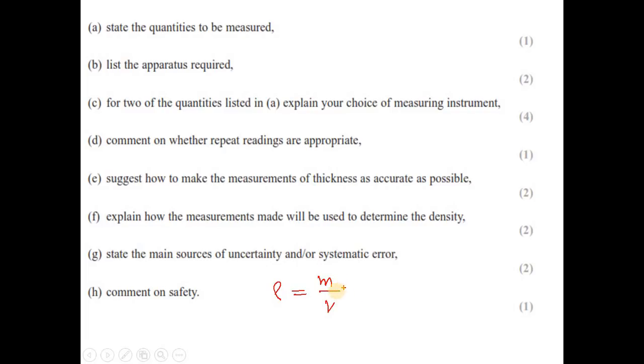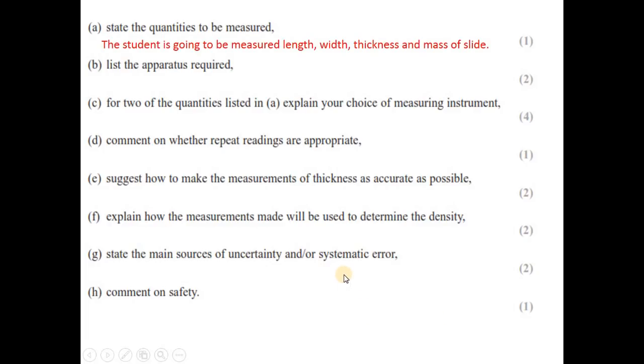So mass we can measure from the weighing balance, and volume we need to measure from length, width, and thickness, t you can say. So we need some other devices. So state the quantities to be measured. So we are going to measure the length, width, and thickness, and the mass of the slides. So that's how you can write.